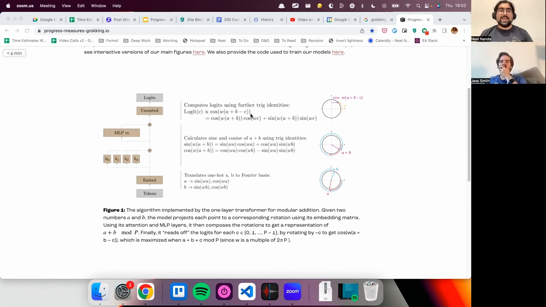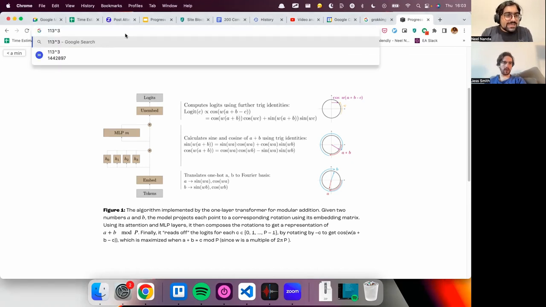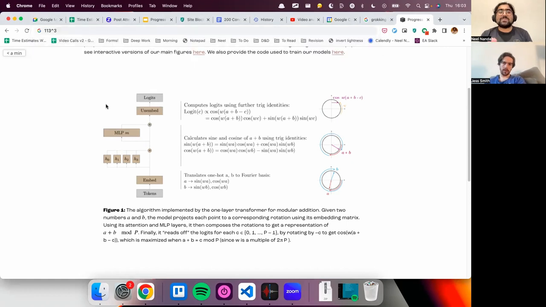This is kind of a wild prediction because a, b, and c can each independently range between 0 and 112, and so there's 113 cubed. I actually know how big 113 cubed is. 113 cubed is 1.4 million.